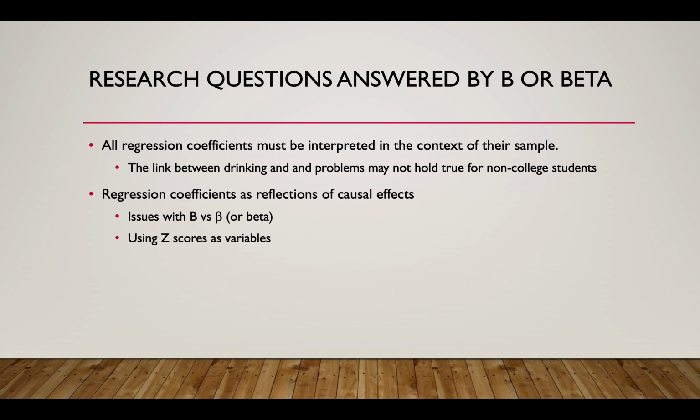Regression coefficients. When we talk about regression, we talk about these coefficients in terms of the causal effects that they have. We are assuming that there is some sort of predictive power of the independent variables that we have in our model, and that predictive power is somehow associated with the dependent variable. This does not speak to the theory behind any type of analysis that you're doing.